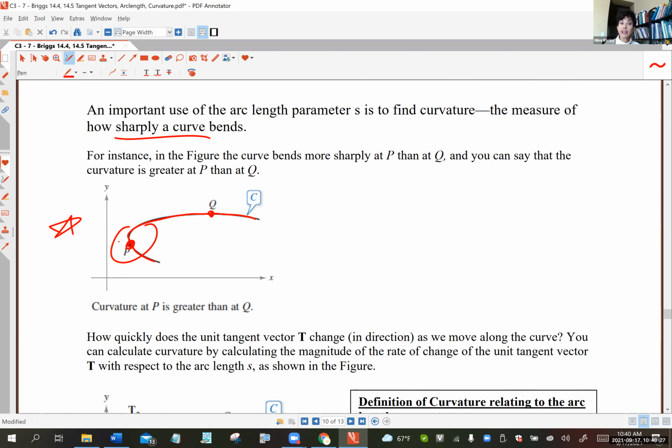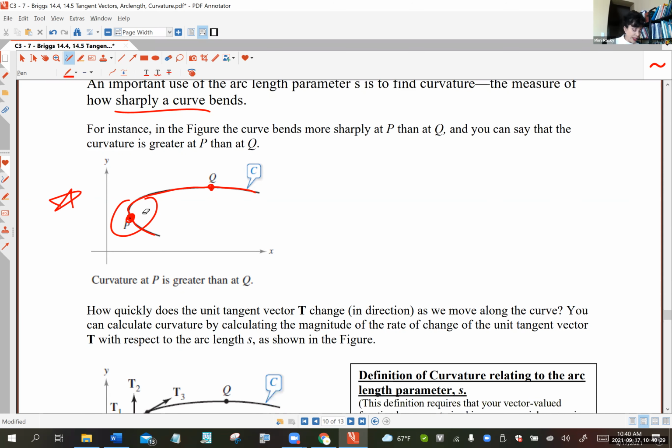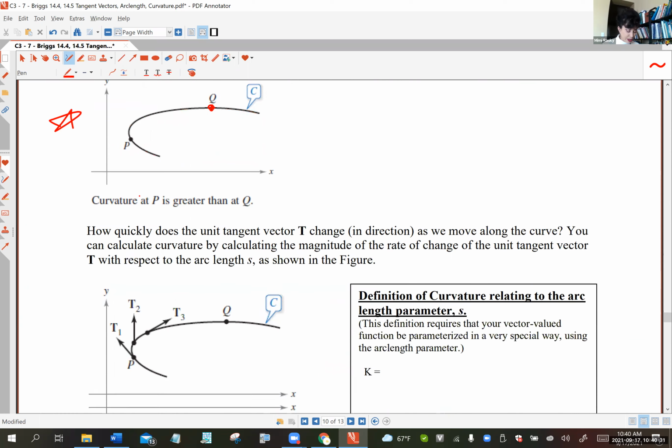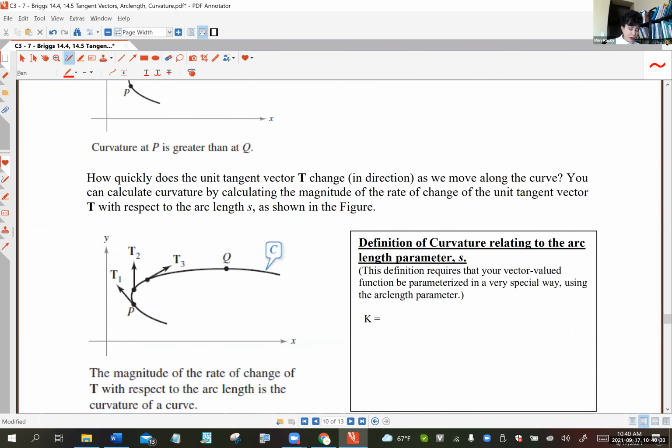The curve has more curvature. So what's going on when it has more curve? And it turns out that if you look at the unit tangent vector, remember big T from last lecture, and you examine it, it's changing direction a lot more rapidly than it is around points that aren't that curvy.